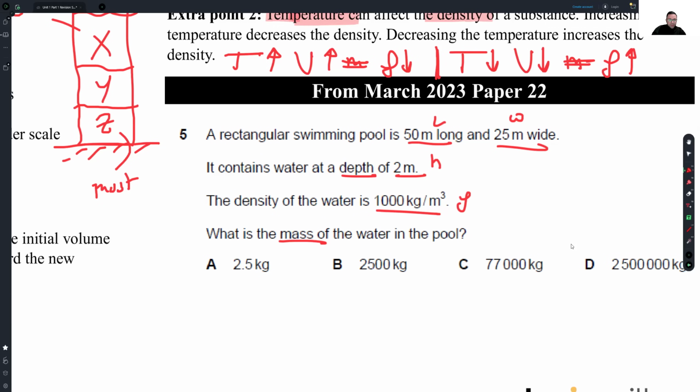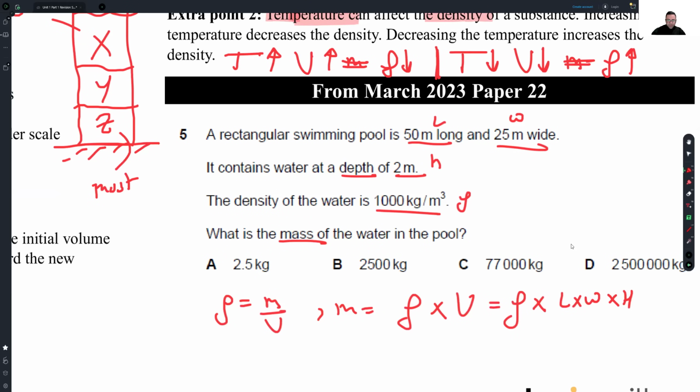Again, ignore the fact that this is a multiple choice question. Calculate this normally. Density is mass over volume, which means mass is density times volume. But in this case, the volume is not given, but you do have the length and width and height. So it's actually length times width times height.